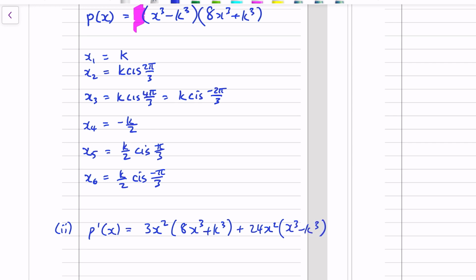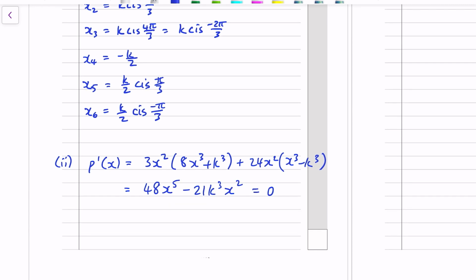I must say when I did that the first time around I left the k's in there by accident, and when you differentiate them they disappear. Then we've got 48 x to the 5, 3k cubed, and another minus 24k cubed, so minus 21k cubed x squared equals 0.